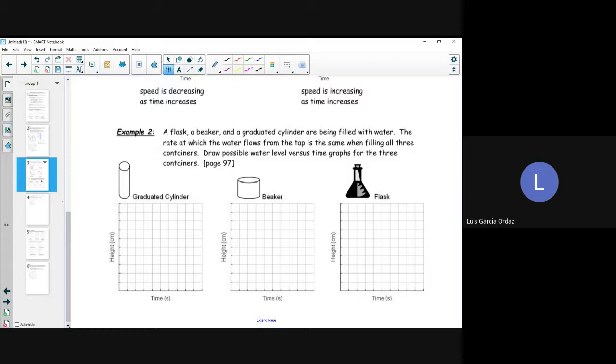Okay, so for the first one, a graduated cylinder, we're going to have a constant rate of change. So as time increases, the height is going to increase. Okay?